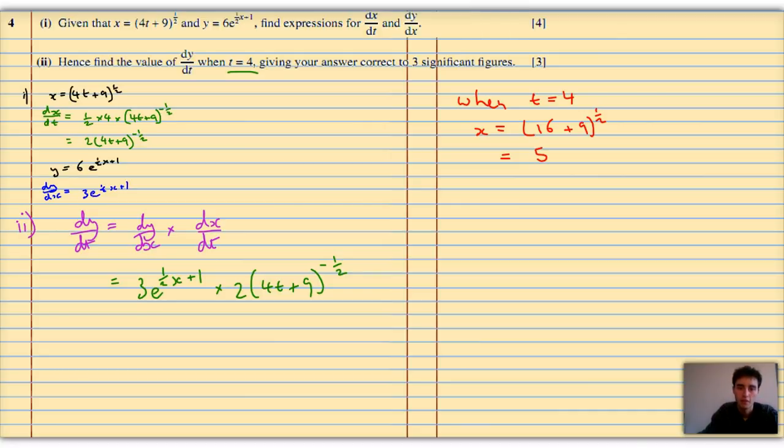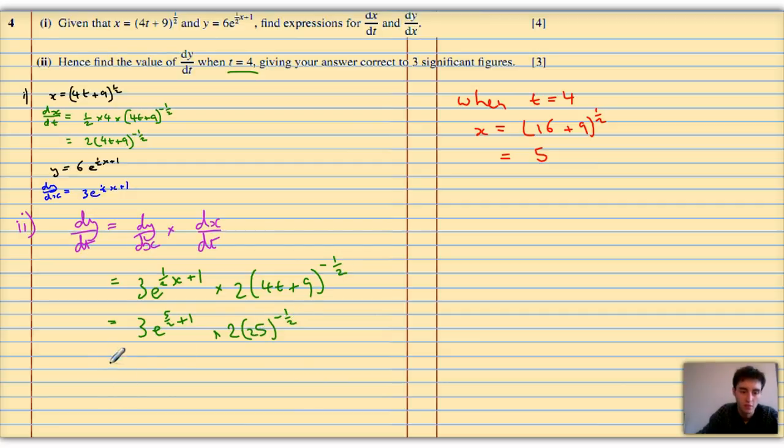Okay, so now, instead of having to write another line with this substituted value of x, I can just say x is going to be 5 instead. So I've got 3 times e to the 5 over 2 plus 1, times by 2. And we've already worked this out to be 1 over the square root of 25, so that's 25 to the power of minus a half.